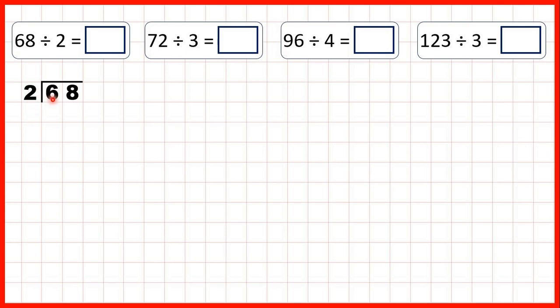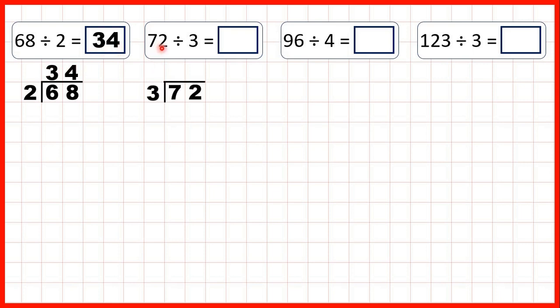Well, 6 is in the 2 times table, and because 3 times 2 is 6, we know that 3 must be the tens digit of our answer. So now we can move on to our ones digit. 8 divided by 2 is 4, because 4 times 2 is 8. So our answer is 34.